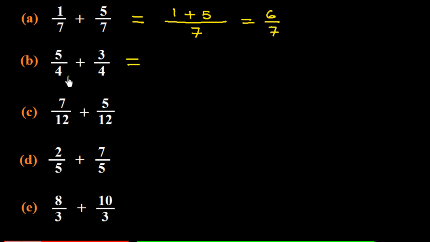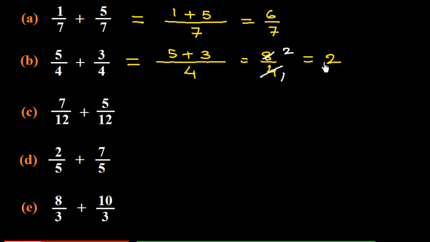Now in the second question you see there is 4 which is the common denominator, so we take 4 common and add the numerators 5 plus 3, which is 8 over 4. Now 4 one time, 4 two times, so we get 2. So 2 is the answer.